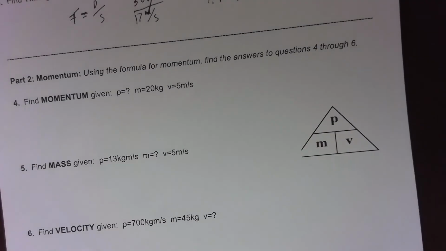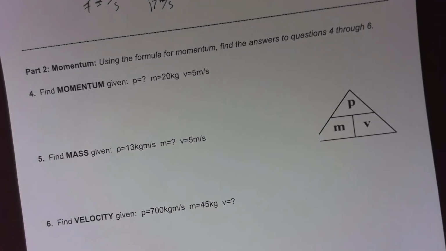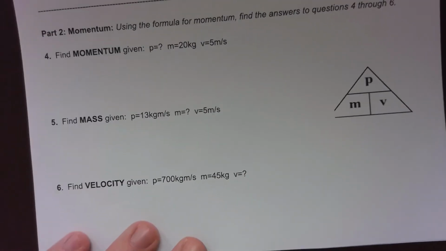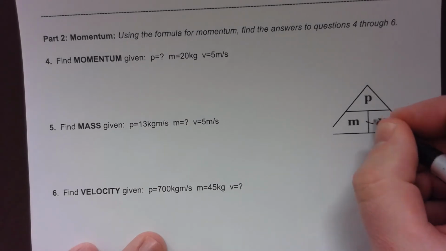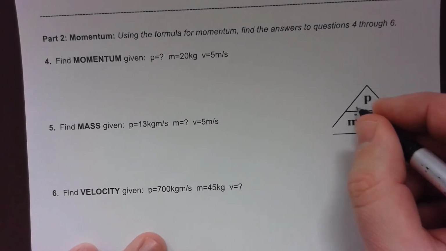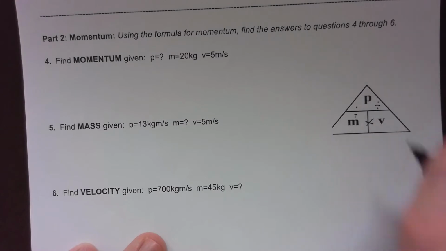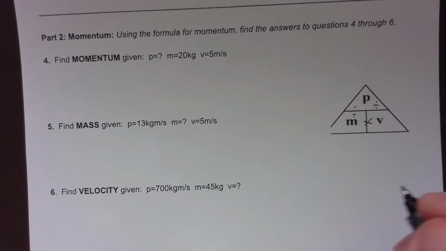So now, coming to this one, we're talking about momentum. So momentum is P, remember? So P is momentum times volume, or mass times velocity. Sorry, brain cramp.